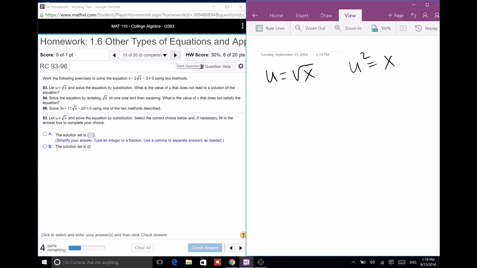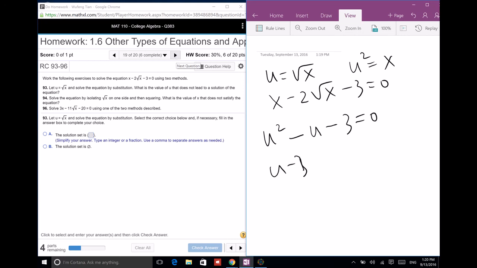You do the U substitution: x minus 2 square root of x minus 3 equals 0. X equals U squared, and square root of x equals U, so it's U squared minus 2U minus 3 equals 0. You can solve that: U minus 3 times U plus 1 equals 0. So U equals 3 and U equals negative 1.